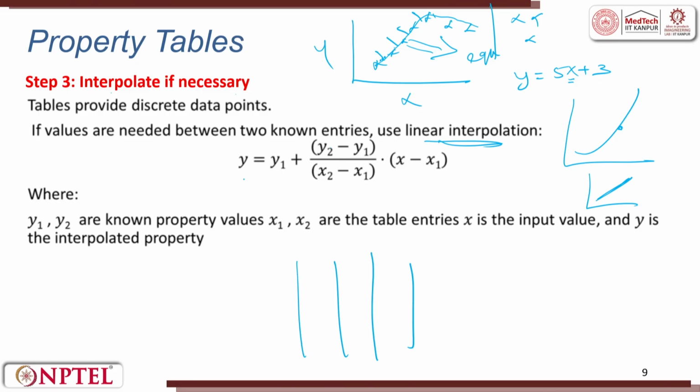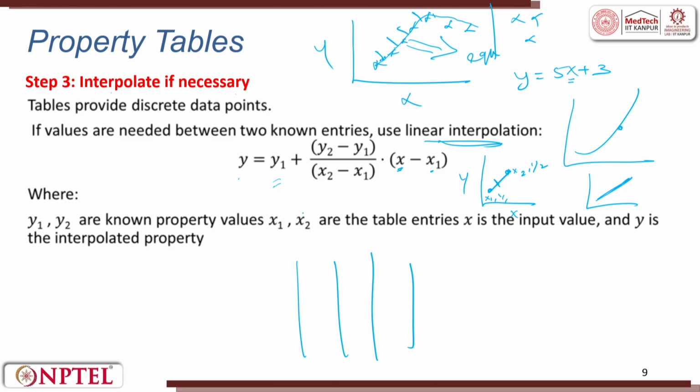In linear interpolation, we write y equal to y1. We are taking 2 points, so this is x1, y1, this is x2, y2, right. y is the point which you are trying to get in between, where y equals y1 plus (y2 minus y1) divided by (x2 minus x1) into (x minus x1).